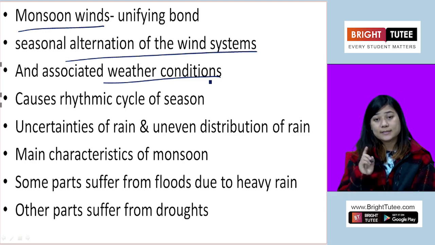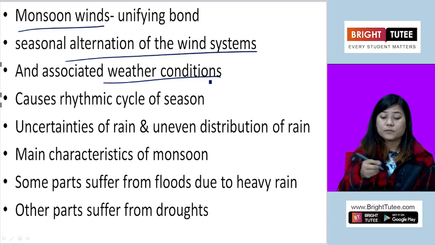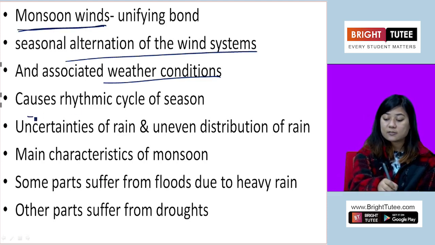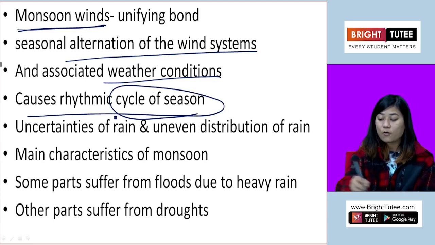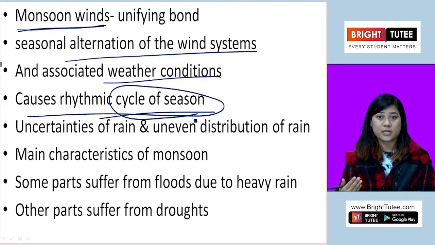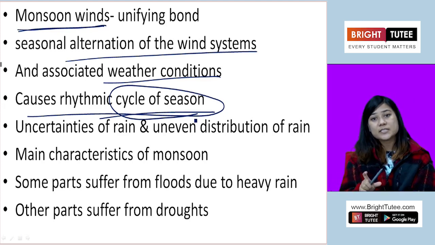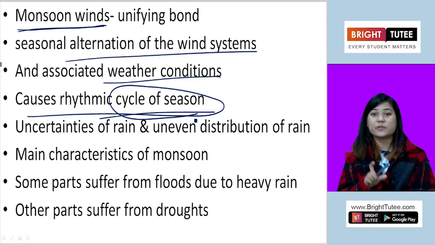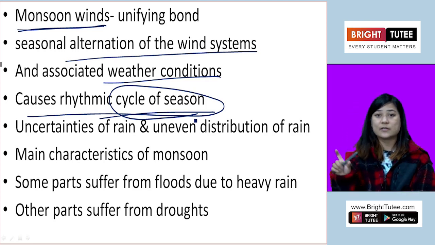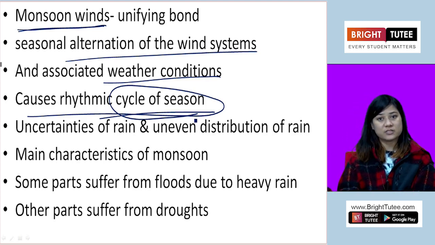Okay, and the most important feature of the monsoon is that it causes the cycle of seasons that we have in India. We have the winter season, the summer season, the advancing monsoon season, the retreating monsoon season.